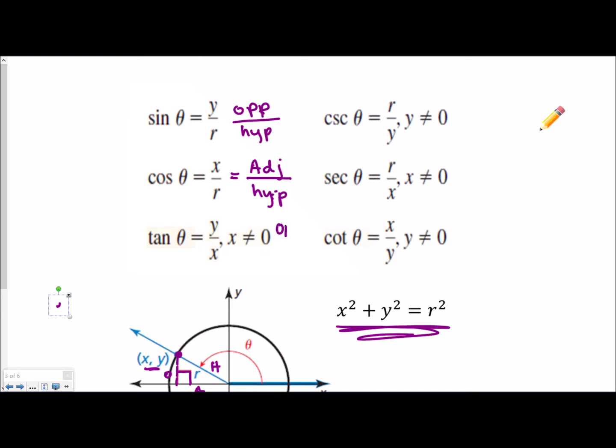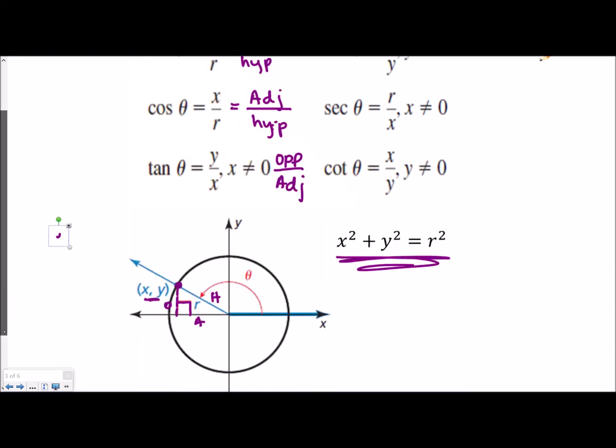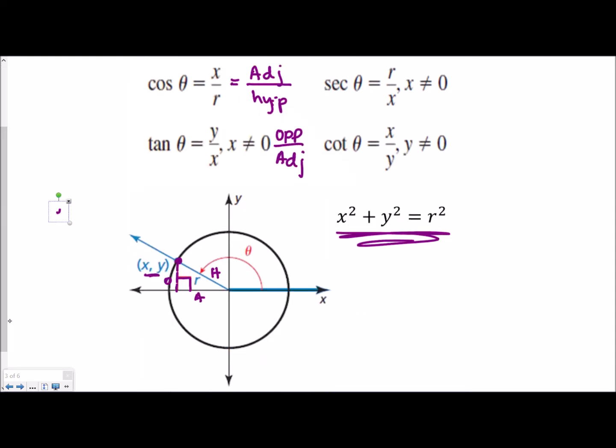Tangent is still opposite over adjacent. The main thing about this section that you've got to understand is this x and y that they're giving you is a point on the terminal side, and from there we can think of that as a right triangle. This distance from here to here is an x distance, left to right is x, and from here to here is a y distance because it's going up and down.